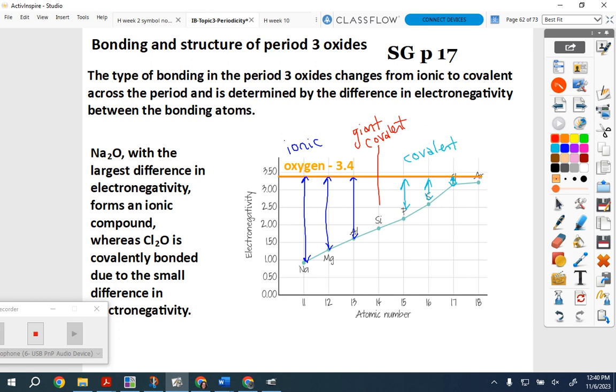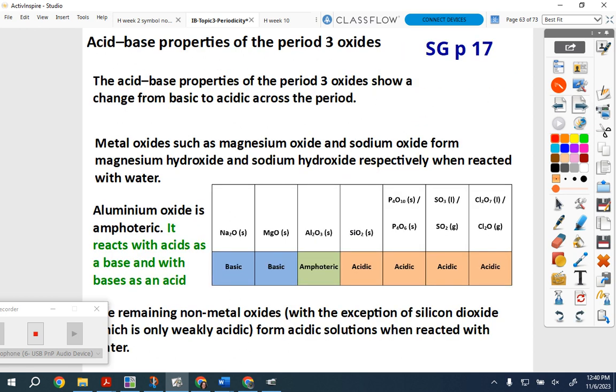So the type of bonding within these different oxides is going to determine, again, much like with the melting point and boiling point of the pure elements, their properties. And one of the properties that they want you to know, and of course, we haven't covered acids and bases yet because that's topic 8, but this is an illustration of how everything in chemistry depends on everything else, and there's really no perfect way to divide things up or sequence them.